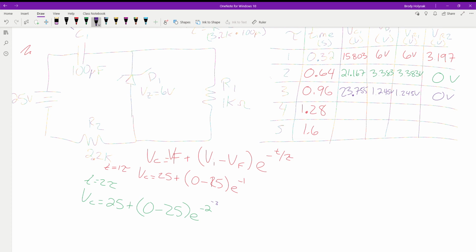Okay, tau equals 4. .542 volts, which means how much is being dropped across the diode and resistor 1? And how much is dropped across R2? 0.